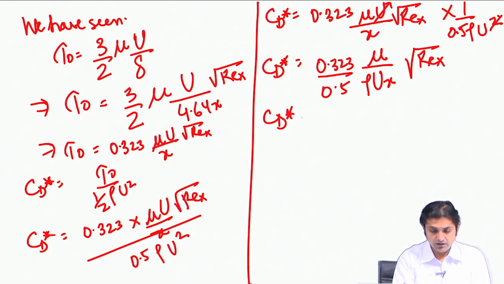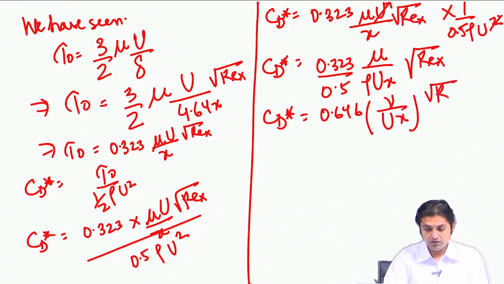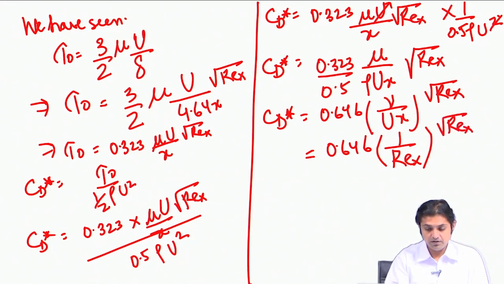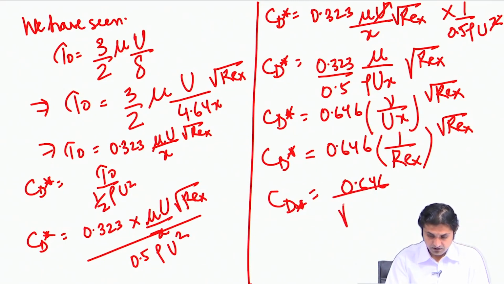So CD star is equal to 0.646, and now this mu by rho is nu, and this is capital U x under root Re x, or 0.646, and this is Reynolds number.